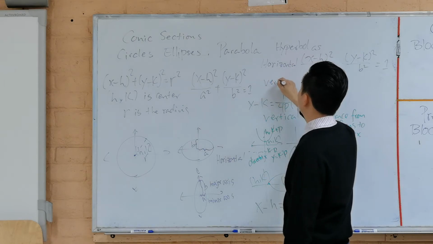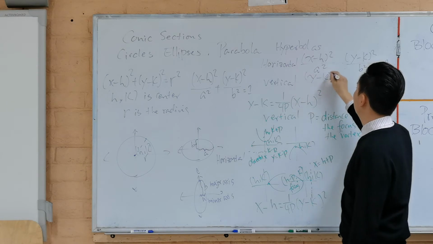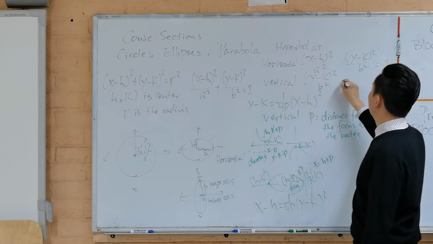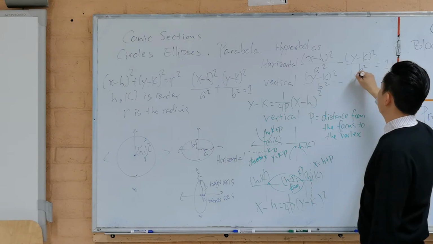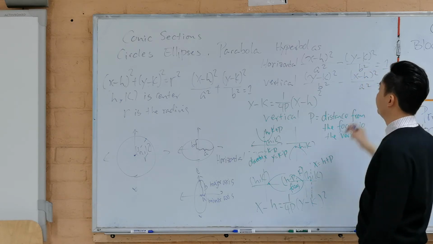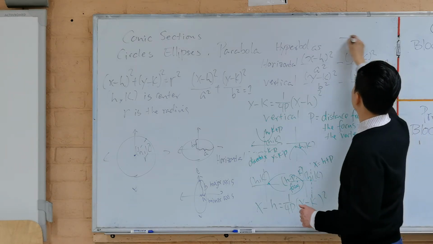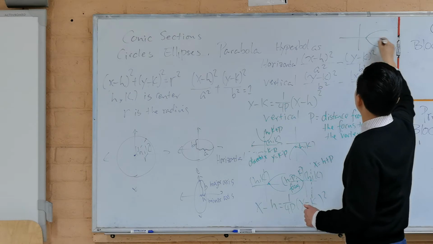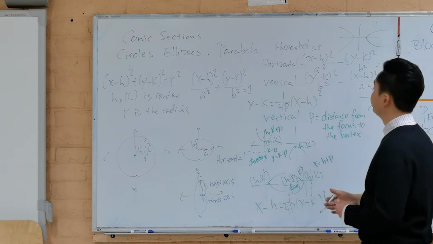And then for the vertical hyperbola, that would be (y minus k) quantity squared over b squared, minus (x minus h) quantity squared over a squared, so that equals 1. So one is horizontal, and the other one is vertical.